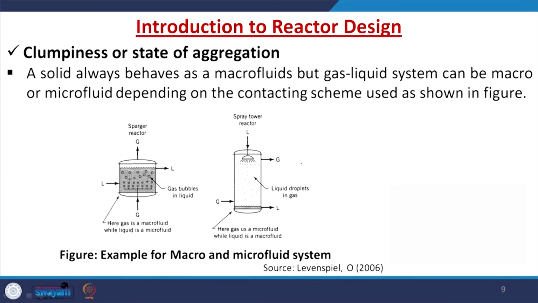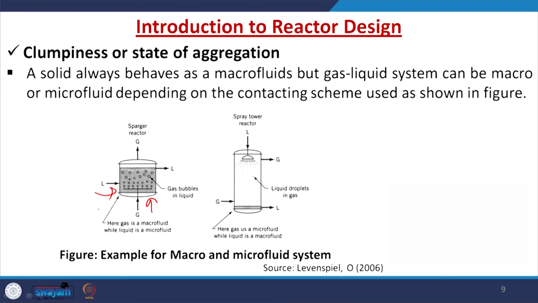Now usually a solid always behaves as a macrofluid, but in a gas-liquid system, they can be macro or microfluid. This depends on the contacting scheme, like we have shown you in this particular contacting scheme. Now here the gas is a macrofluid, while the liquid is a microfluid.